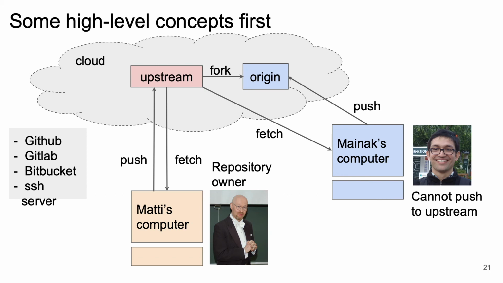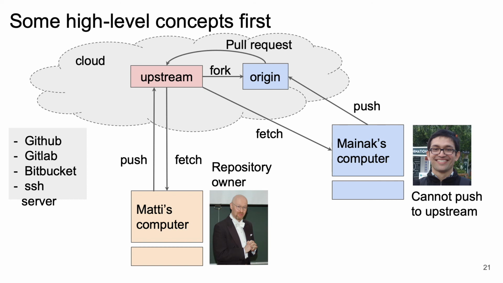So what he would do is fetch the latest master branch from upstream on his own computer. He would make a branch on his computer. He would work on this branch. And then you would push it to origin. And once you push the feature branch to origin, from the GitHub interface, you can make a pull request.